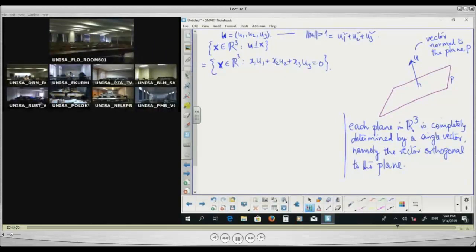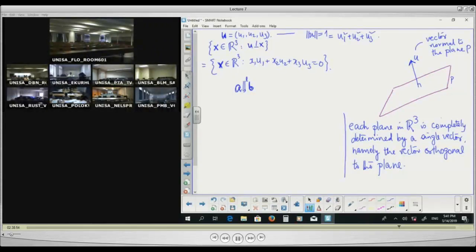We often write it in this way: A is parallel to B. And the way this happens, actually what happens is, you will have a kind of a translate of them.